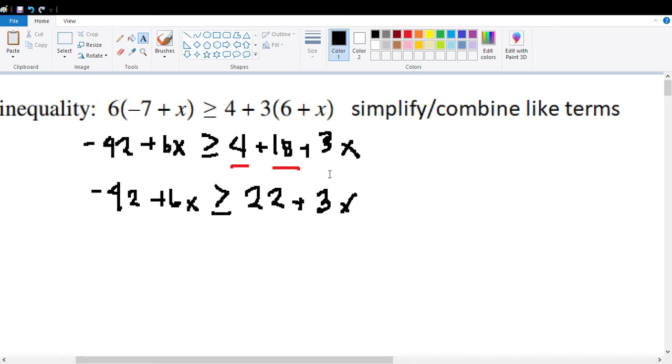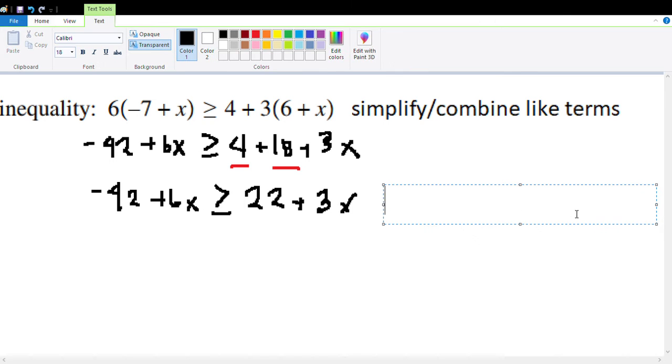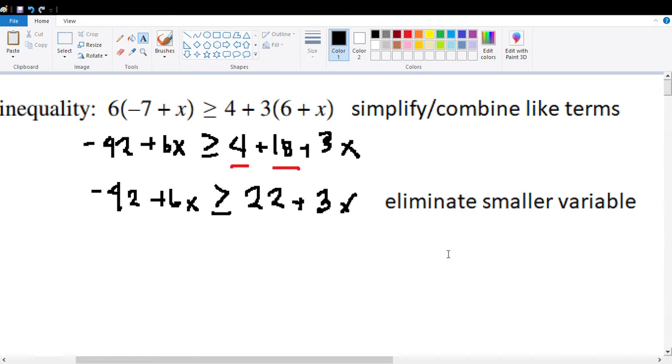Now, what's the next step? Our next step is we want to eliminate the smaller variable. In this case, what's the smaller variable? 6x or 3x? 3x. So we're going to eliminate 3x.